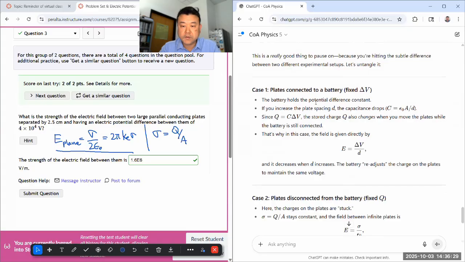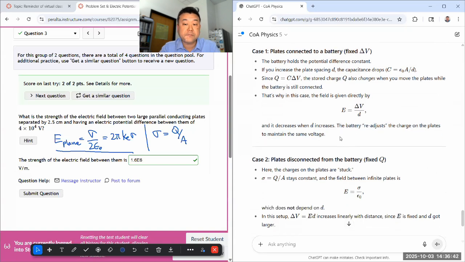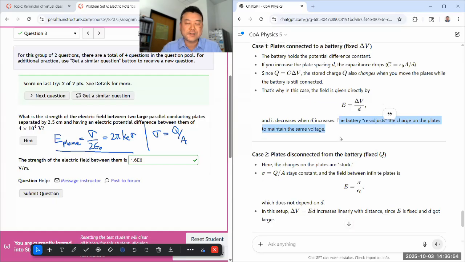So with delta V fixed, that actually makes the Q change as the capacitance changes. And this readjustment can happen in either direction, either more charge flowing out of the battery or some of the charge flowing back into the battery, which for a non-rechargeable battery, who knows exactly how it goes. The whole thing has net charge 0 anyway.